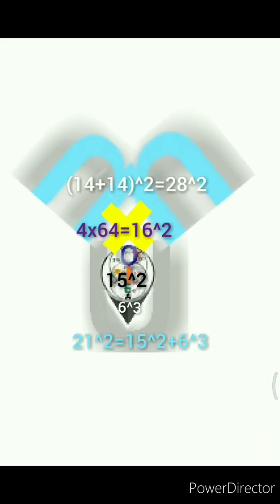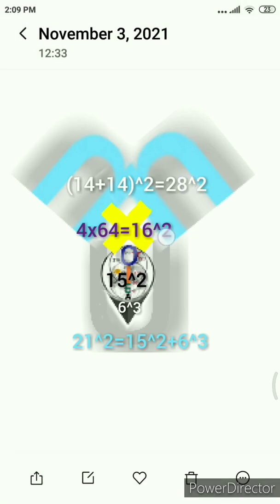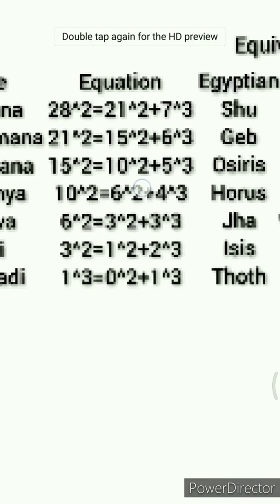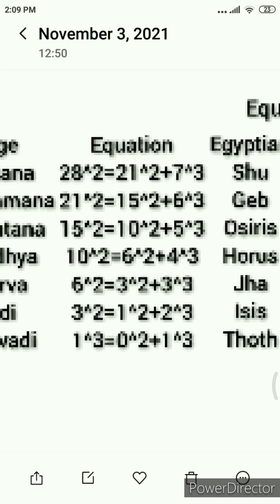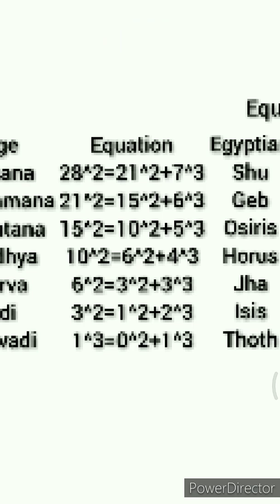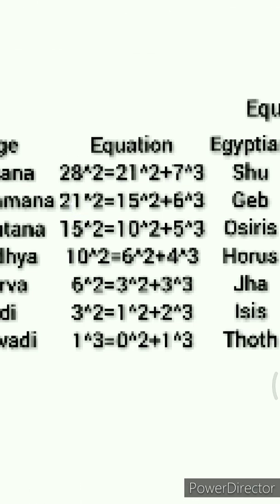And if you observe, this is the most important thing: 28 squared is equal to 21 squared plus 7 cube. 21 squared is 15 squared plus 6 cubes. 6 cubes, as I told you, is the carbon atom, that small black pyramid, or the black hole.